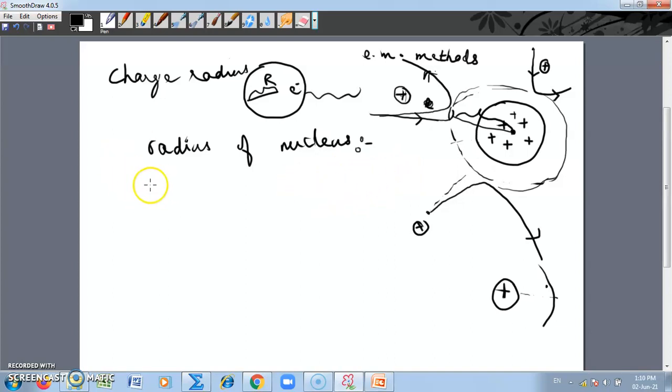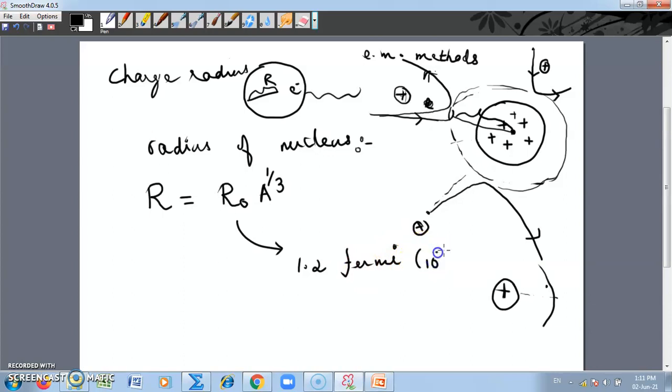It is found that the radius of the nucleus is equal to R naught A to the power 1 by 3. Now what is R naught? R naught is a constant and it is about 1.2 Fermi. And what is Fermi? It is 10 to the power minus 15 meters.